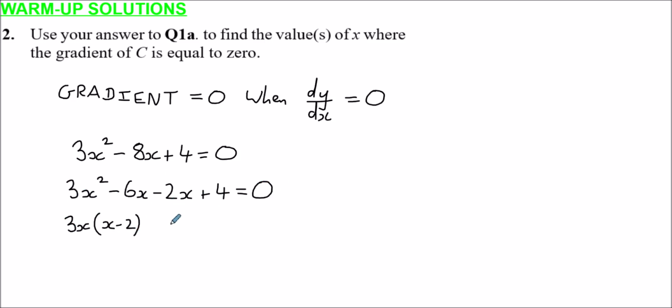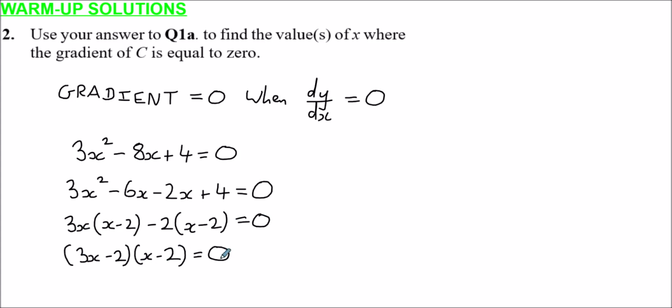And the minus 2x plus 4, we can factorize a minus 2 out of that, and again get x minus 2 equal to 0. We can now put the 3x and the minus 2 into their own brackets. As so. Therefore, we can see that the gradient will equal 0 when either x is 2/3 from this bracket, or when x equals 2 from the second bracket. And so I have 2 values of x which will yield a gradient of 0.